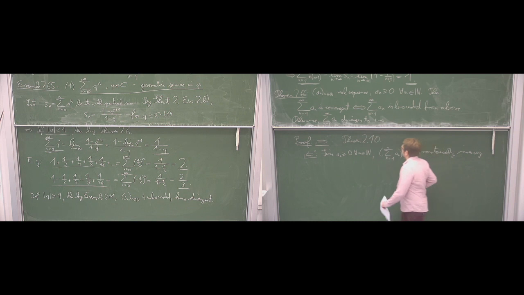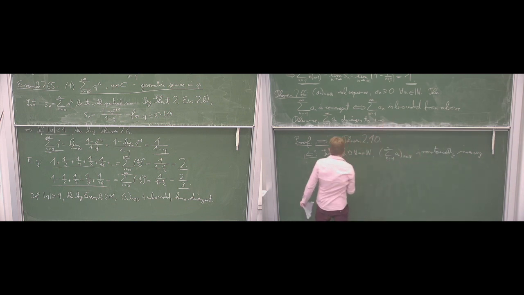And then, if we assume now that it's bounded from above, then we get from our theorem about convergence of monotone sequences, that was theorem 235, that the series converges.